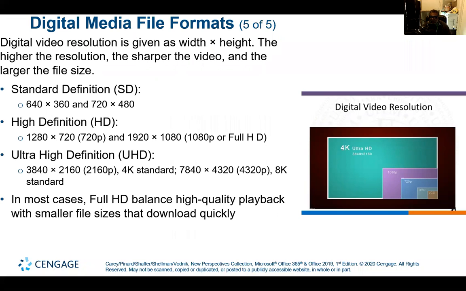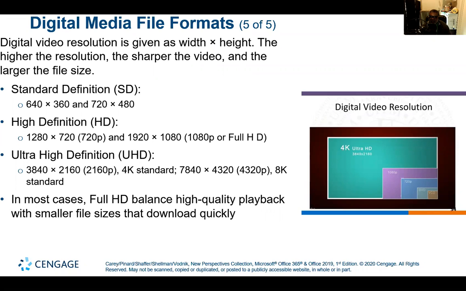Digital video resolution is given as width and height, and the higher the resolution, the sharper the video, and the larger the file size. Standard definition is SD, which is 640 by 360 and 720 by 480. High definition is 1280 by 720, and there's a list of them here. 1080 is one of them.